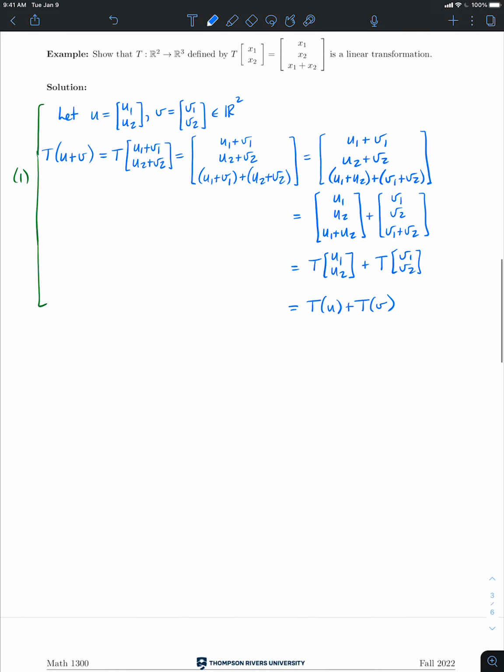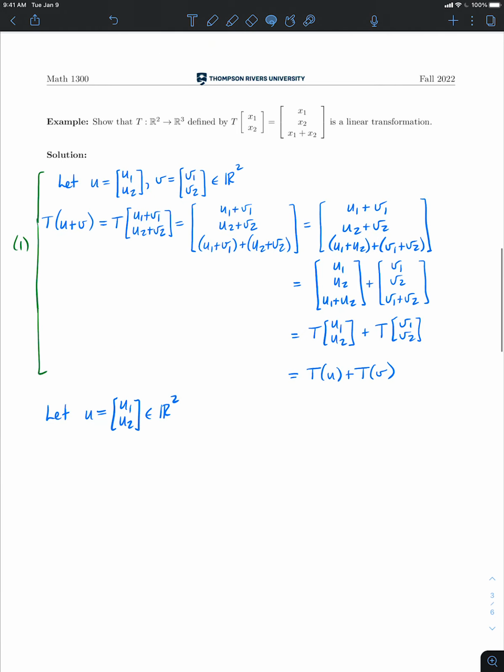Let's verify condition 2. So remember, we're going to take an arbitrary vector in the domain. So let me write it as u1, u2 in R2. So that's an arbitrary vector. Remember, I'll use the word summon: you're just saying, okay, let's say we've got two vectors, and suddenly they're there and you've got them on the page. I'm always going by the domain, right? That's how I know how many coordinates to give to each of these vectors.